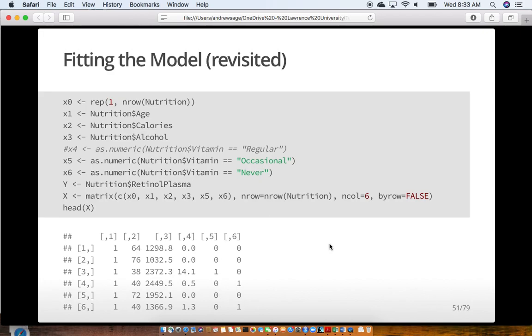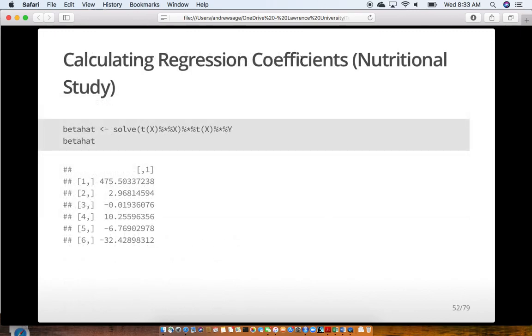And now if I calculate beta hat, it works. I get a vector of 6 coefficient estimates: my intercept term, and then beta 1 through beta 5.